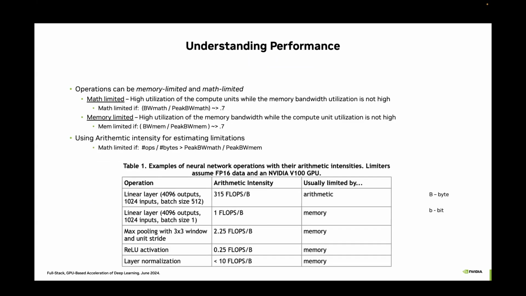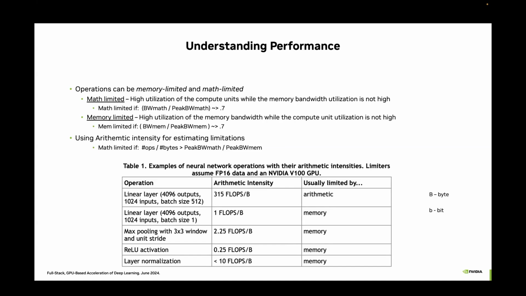And so let's understand performance a little bit more. Math limited is basically the equivalent of saying, hey, if I had more compute units, this thing would sing. It's like, yes, give me more compute units. That just means I don't have enough compute units.